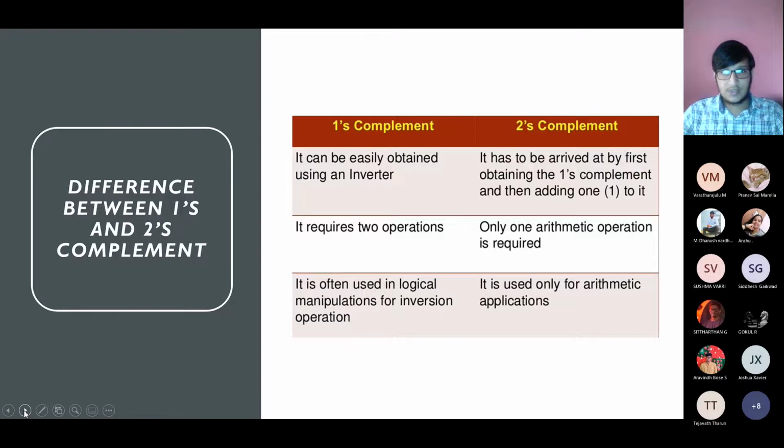The 1's complement method requires only the operation of converting zeros to ones and ones to zeros. In the 2's complement method, there is a simple arithmetic operation: you find the 1's complement and add 1 to that. The 1's complement is often used in logical manipulations for inversion operations, and the 2's complement is used in basic algebra, like the arithmetic operations applications we have seen. Next slide.